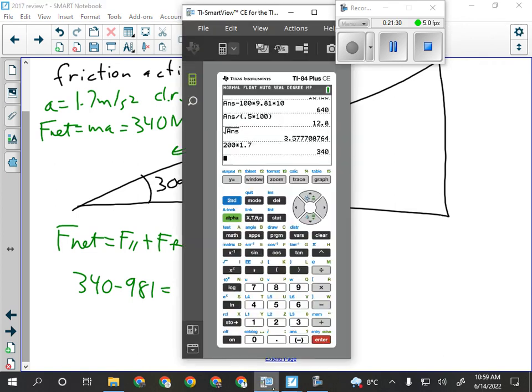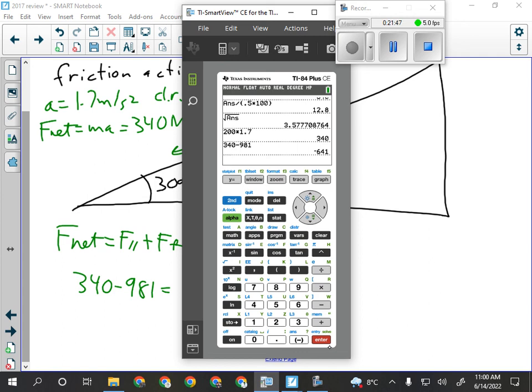So 340 minus 981 is going to give me negative 641 newtons, or 640 newtons up the ramp, but I only have two significant digits because the 30 only has two, so 6.4 times 10 to the 2 newtons up the ramp.